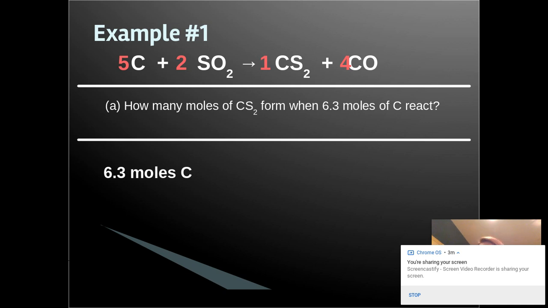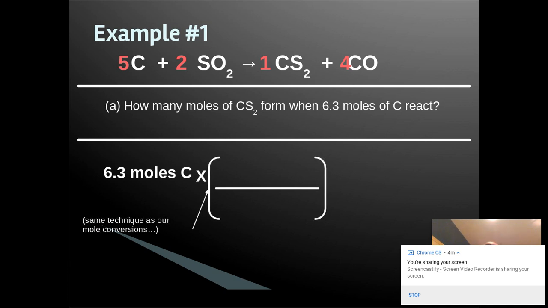And now, just like we've been doing with the mole to mole conversions, we're going to have these conversion factors. Something's going to go on top and something's going to go on the bottom. And you always want the thing that you're trying to cancel off to go on the bottom. So here's the conversion factor, and you're going to put on the bottom the thing that you're trying to get rid of.